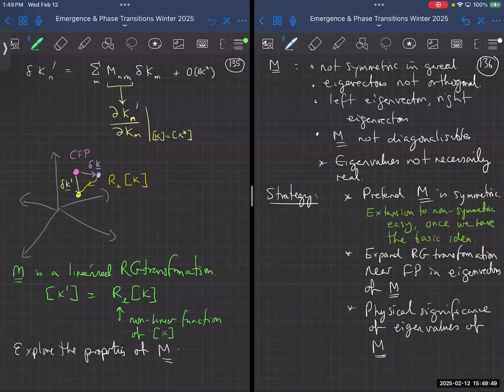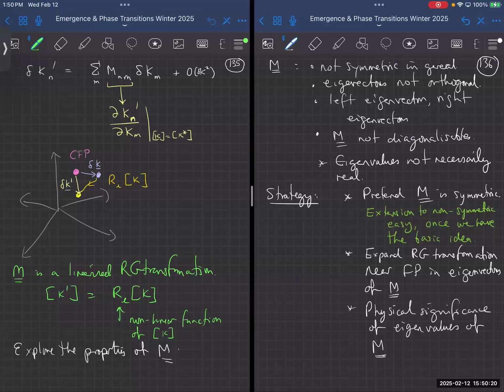Some of those eigenvalues are going to be positive, some are going to be negative. The ones that are positive will mean that as I expand in those eigenvectors, I'm going to, after RG transformations, get closer and closer to the fixed point. On the other hand, if those eigenvalues are greater than 1, and after successive RG transformations, I will go along the corresponding eigenvector away from the critical fixed point.